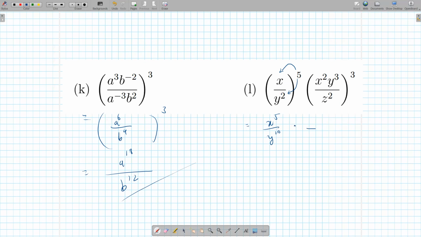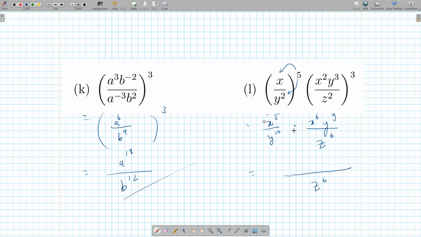What do you get in the other one if you open the bracket? X to the power of 6, and y to the power of 9. Yeah. And then z to the power of 6. Yes. Now there's only one z6 and it's in the bottom, so we leave it at the bottom.